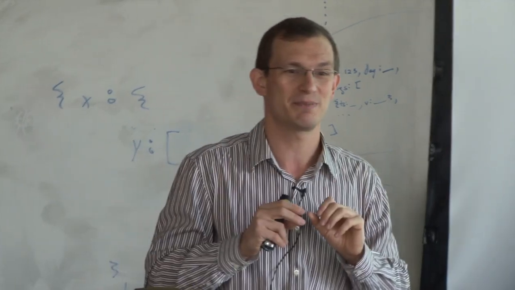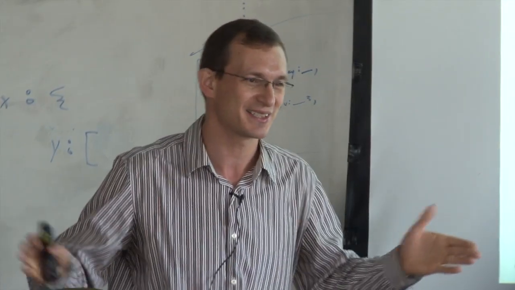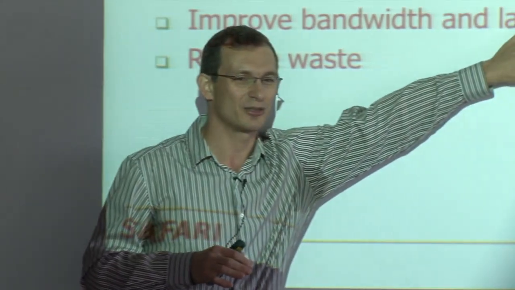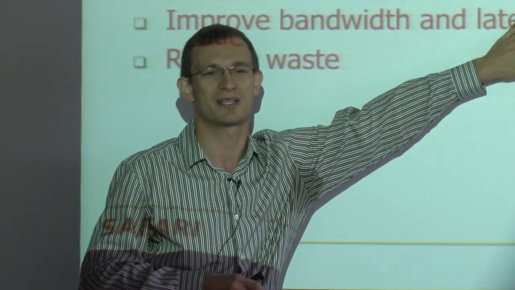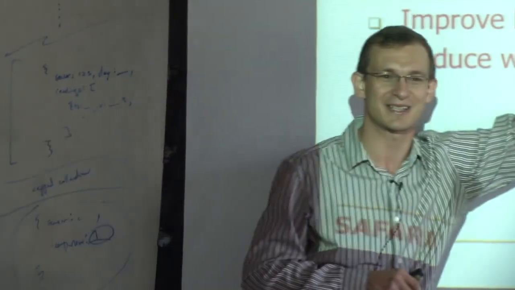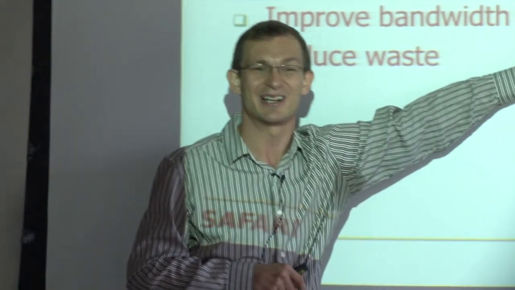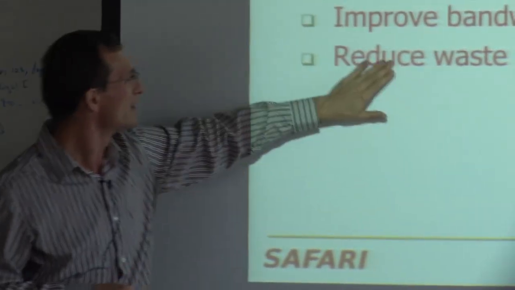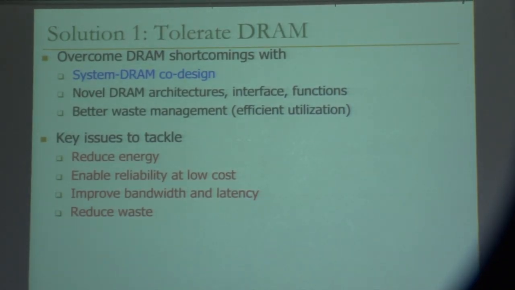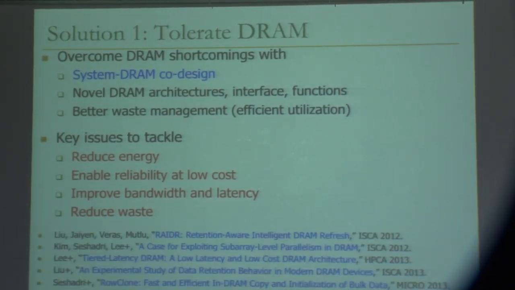Like pin bandwidth problem, you can add more pins, right? That increases bandwidth. Reducing latency is a little bit harder, actually. Your cost increases much more steeply if you want to reduce latency. So latency is in general a harder problem to solve than the bandwidth problem. But that doesn't mean that these are not hard. They're both hard problems. And the last one is reducing waste. I think I talked about this. How can we reduce the waste we have in the memory system today?